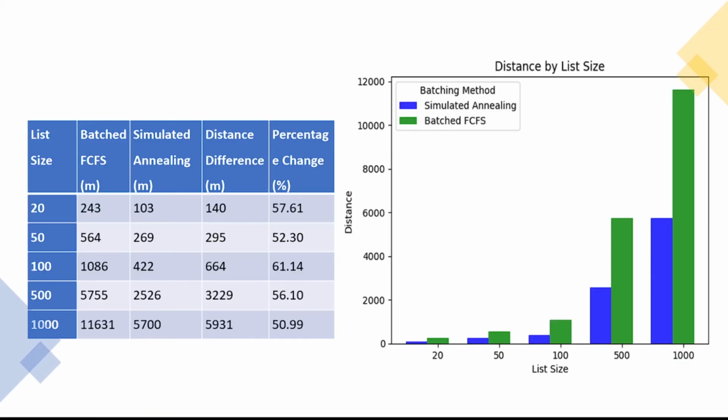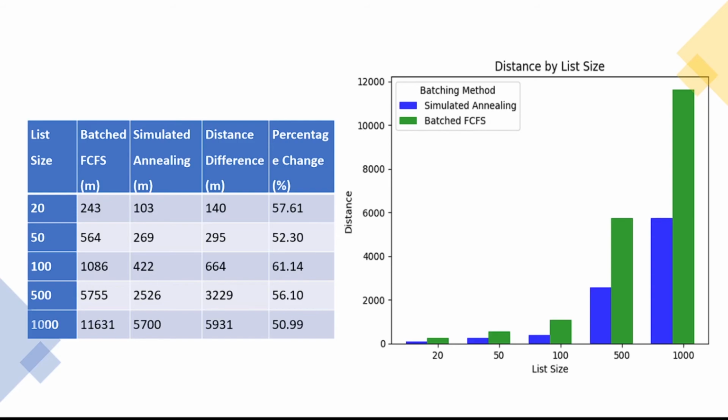Finally, the percentage difference between the batch FCFS method and the simulated annealing batching method is about 50% to 60% for all sample sizes. It is consistent as the lists of items for 20, 50, 100, 500 and 1000 are distinct. Even at different sample sizes, the simulated annealing algorithm produces a constant improvement to the batching solution, which is decreasing the total distance traveled.